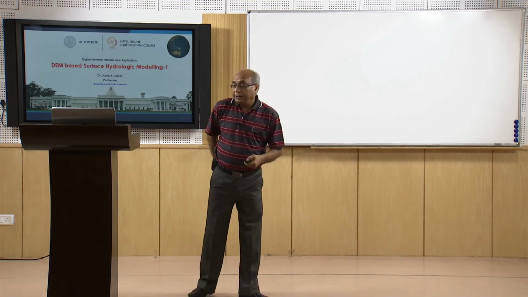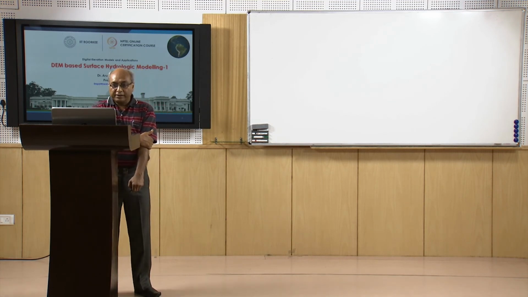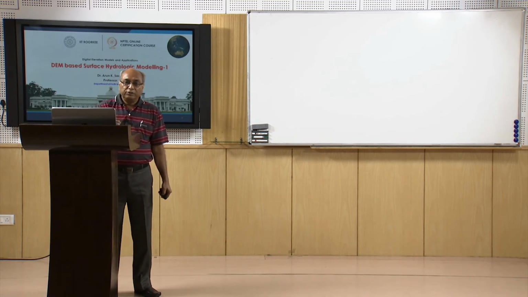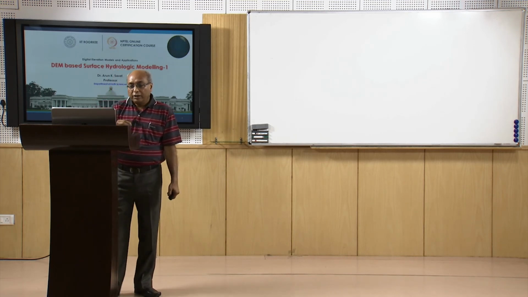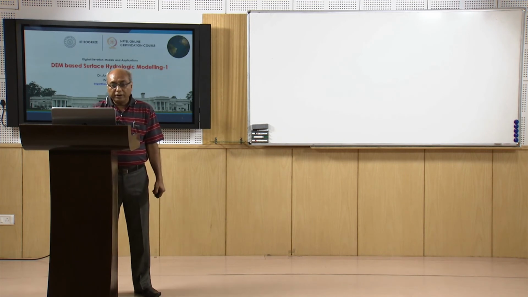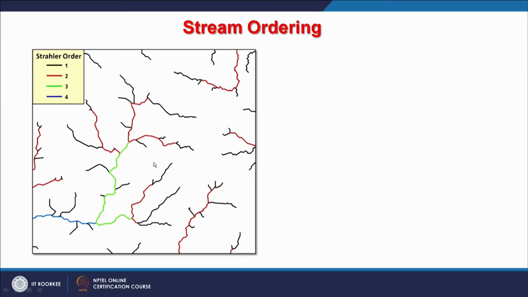Now, if I take our example digital elevation model on which we have generated the flow direction, then flow accumulation and then the stream network, and apply the Strahler order to this stream network, this is the output we get.